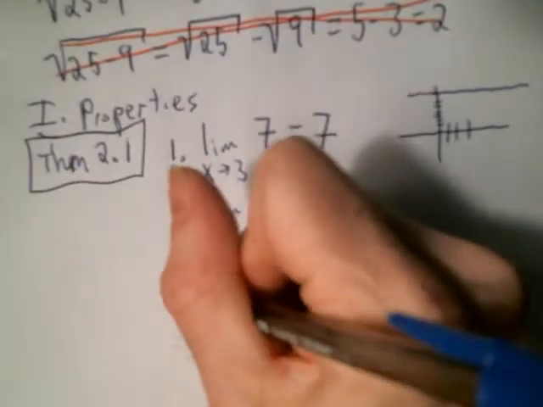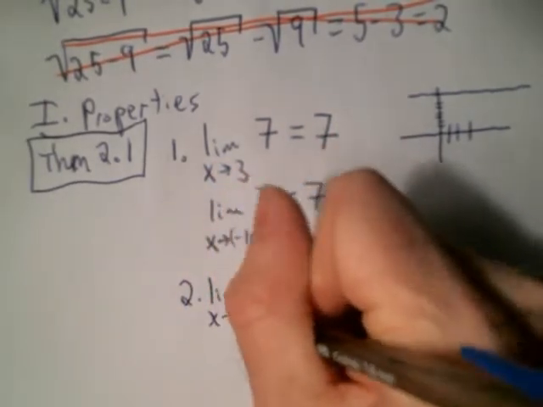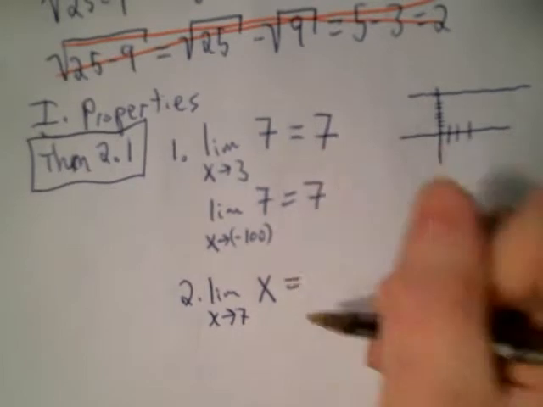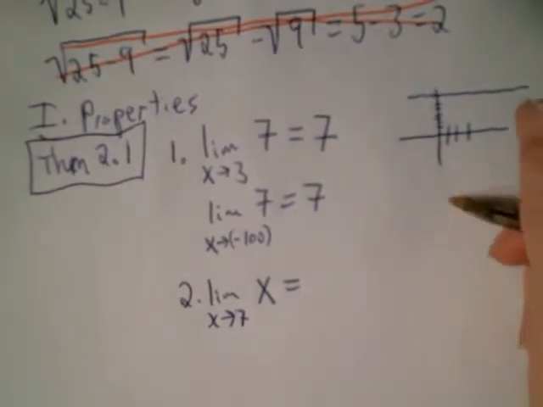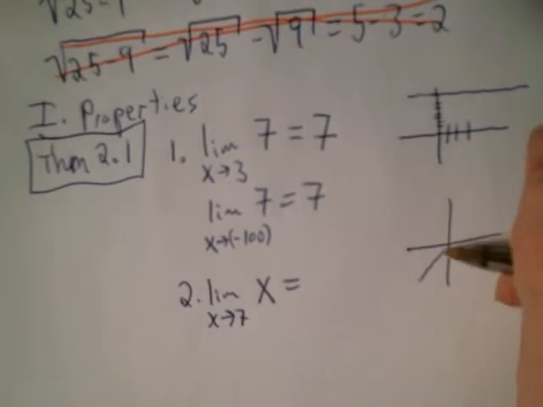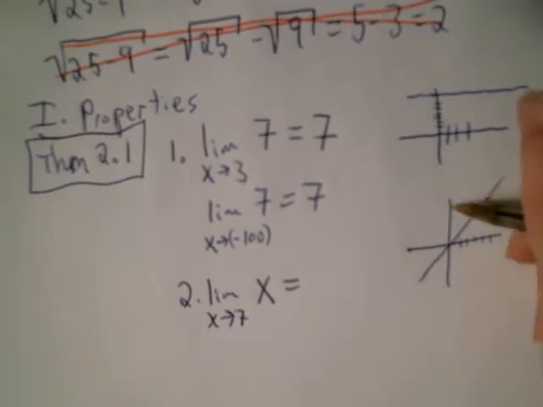Okay, so simple enough. The second one, then, the limit as x approaches 7 of x. In this case, it's just plug and chug, right? So it's literally y equals x, this diagonal, and as we approach 7, the y value will also be at 7.